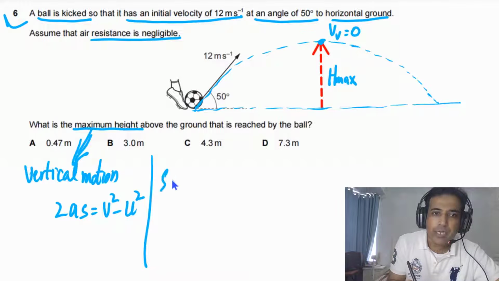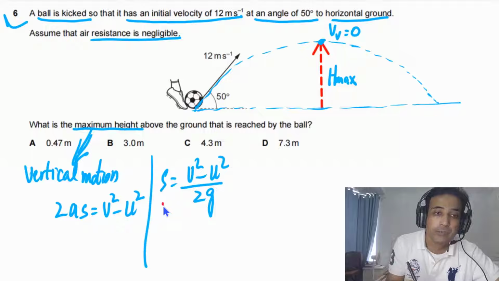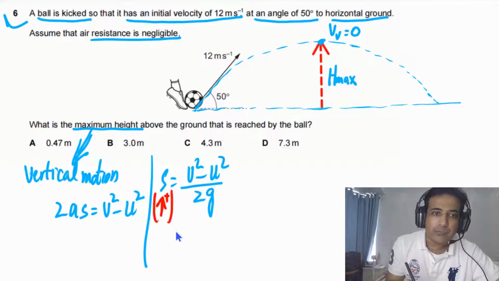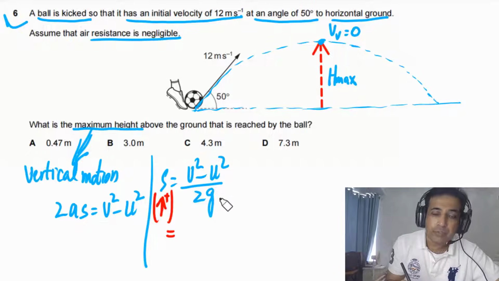We need to find s. We can rearrange and write v square minus u square divided by 2g. Now we need to take one direction as positive. In this case we will take up as positive because vertical displacement will be positive if up is positive. So if we take up as positive, it means that this v will be positive but g will be negative.